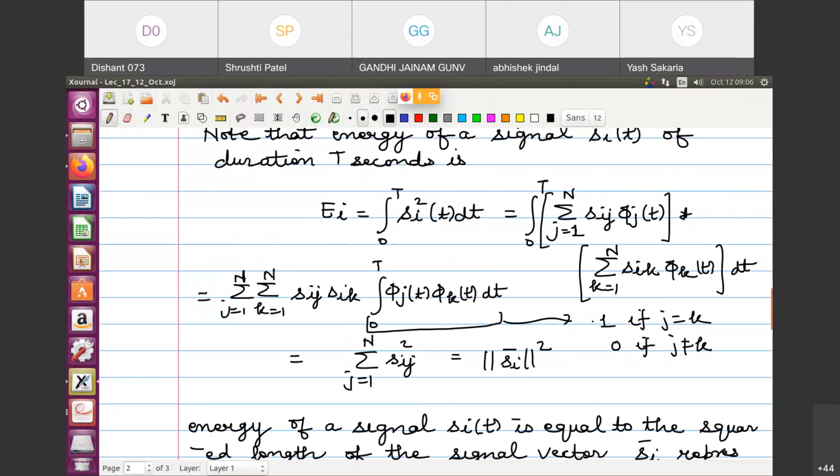One is that each basis function needs to have unit energy, and the set must be orthogonal, meaning every vector is orthogonal to the other. So we are not at all dealing with the identity of these functions, which functions they are does not matter to us. If they satisfy these two properties, with N being their number, it suffices for us. And for any such choice, the length is the same. So energy is equal to the squared length of the vector.